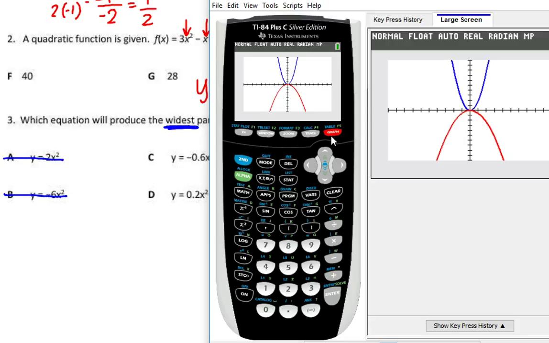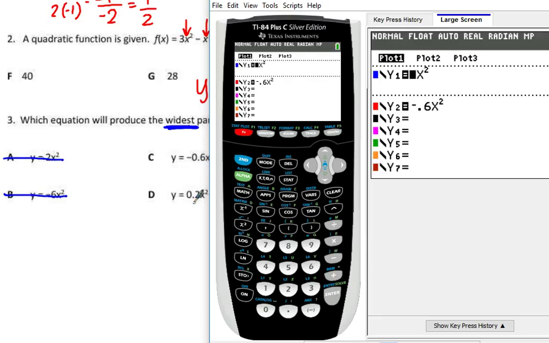So I'm glad I eliminated answer choice A. B is just going to be even wider than A. So let's compare C and D and see which one's going to be the better choice there. So I have 0.2x squared and -0.6x squared. So let's go look.